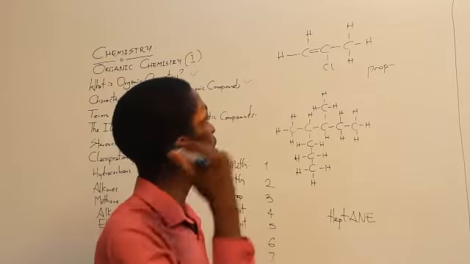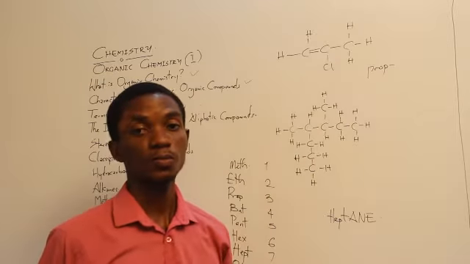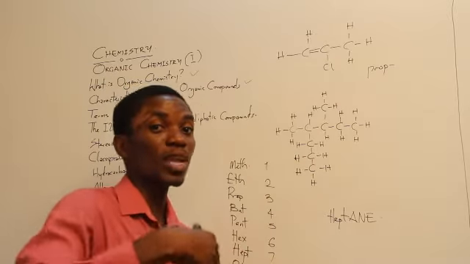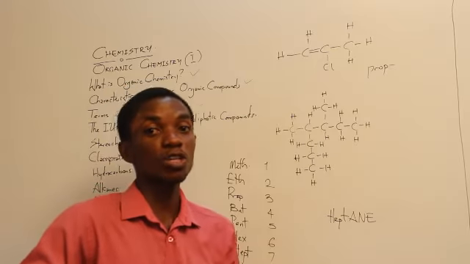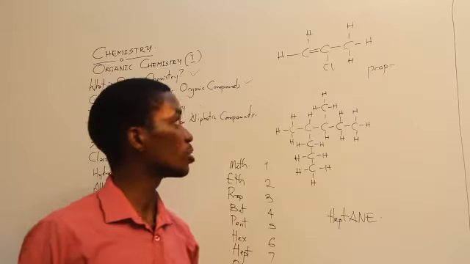You name the position of their multiple bonds, so that we can know that at that particular location, that's where this particular bond is being formed.